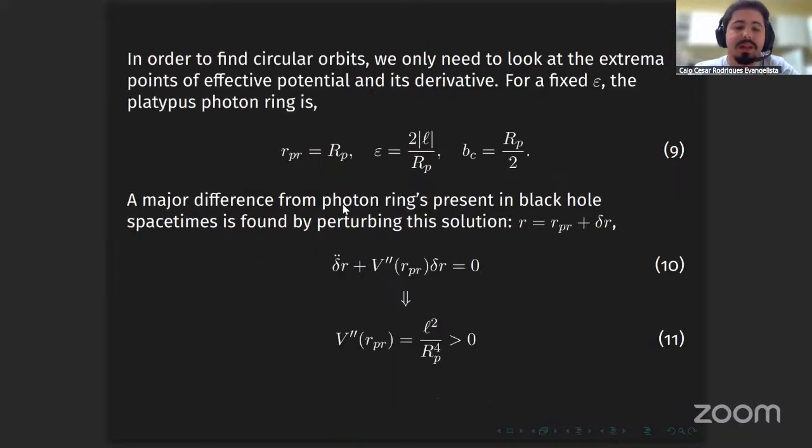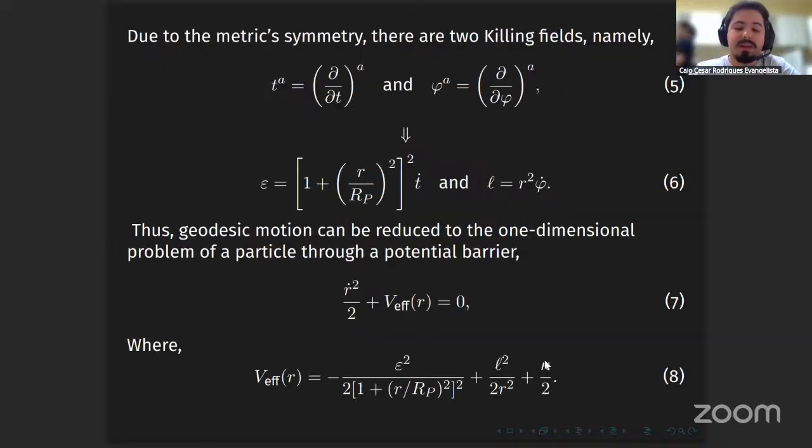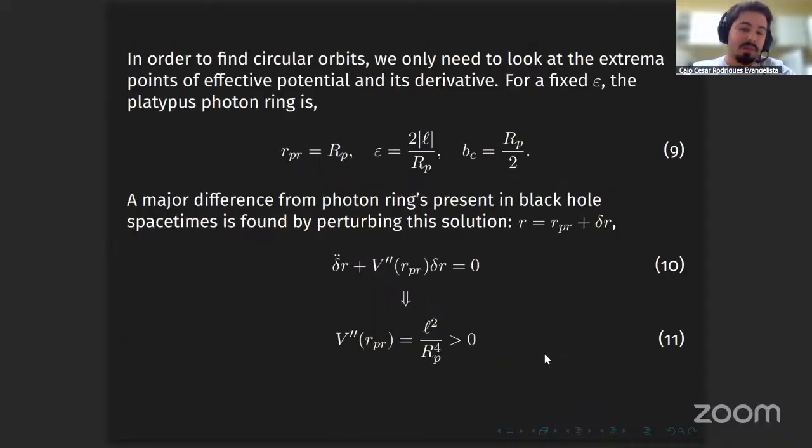So we'll analyze the geodesics in this, and if we set this kappa in equation 8 equal to 0, it will represent null geodesics, light rays, and if we set it to -1, it will represent time-like motion. So we wish to find the circular orbits, the critical points of this potential.